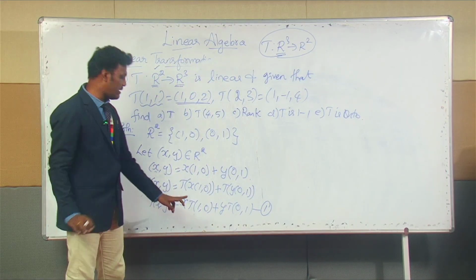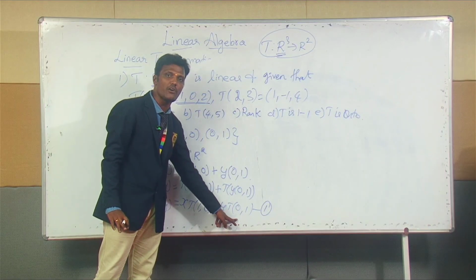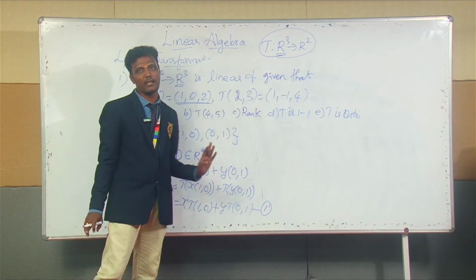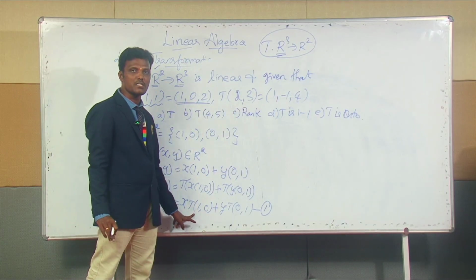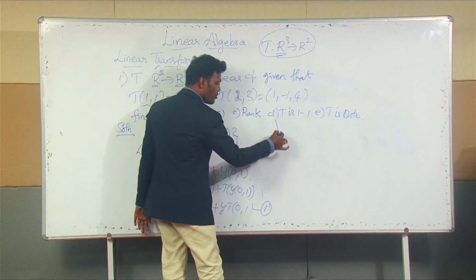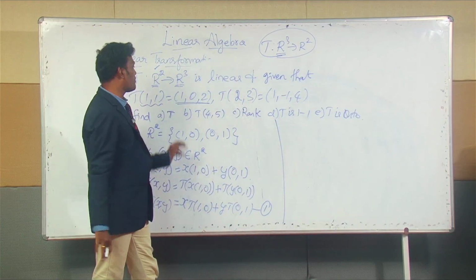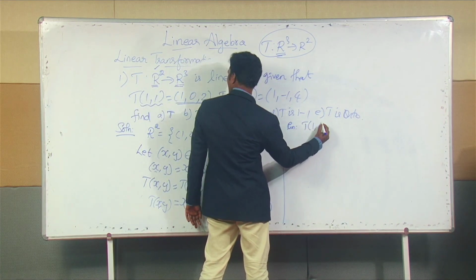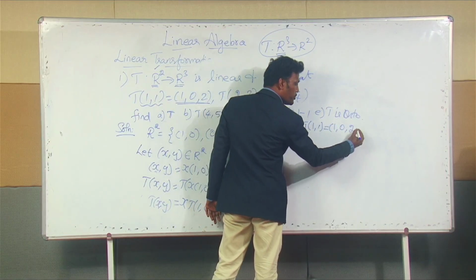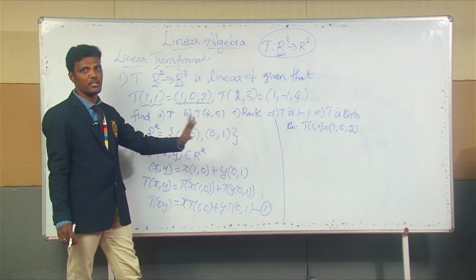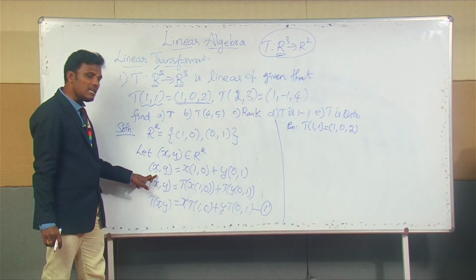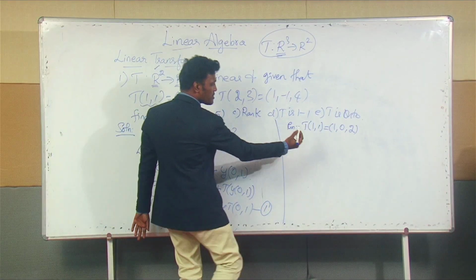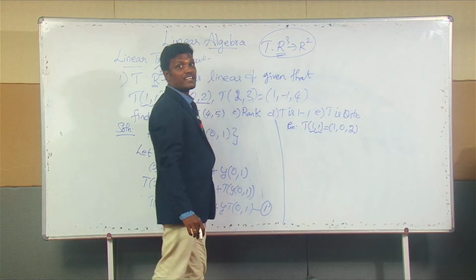So our ultimate aim is to find T of (1,0) and T of (0,1) using the given data, T of (1,1) and T of (2,3). The data given in your question is T of (1,1) as (1,0,2). As I already told you, any ordered pair can be written in terms of the standard basis of the domain.